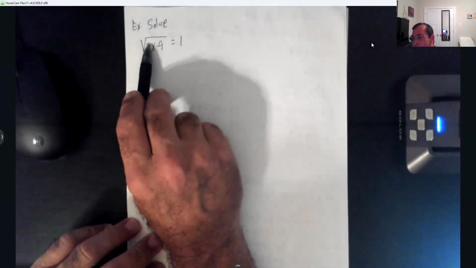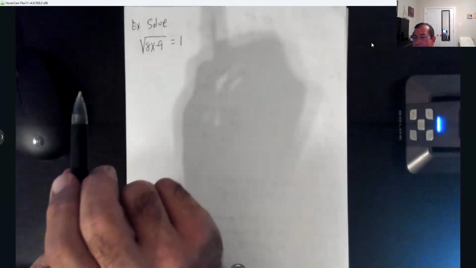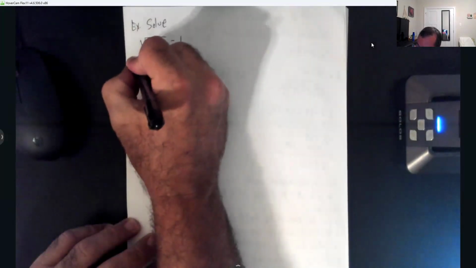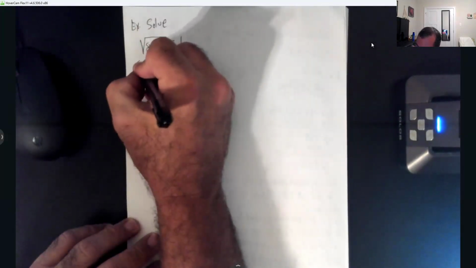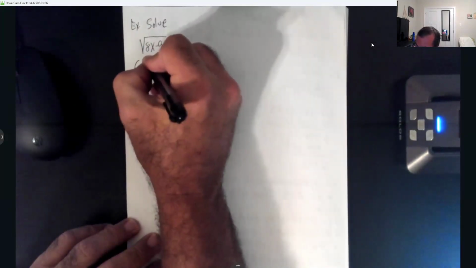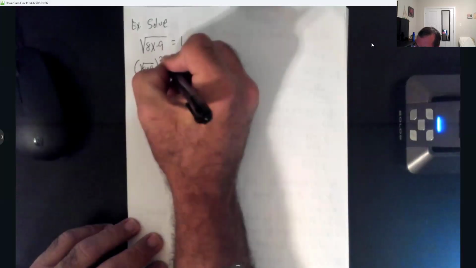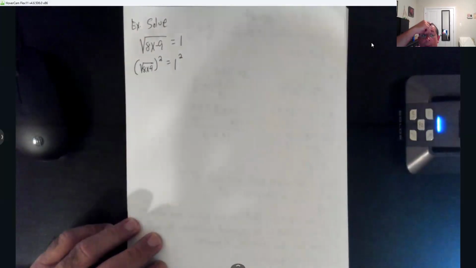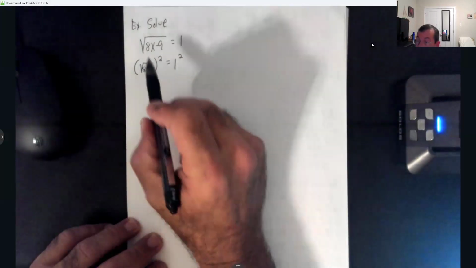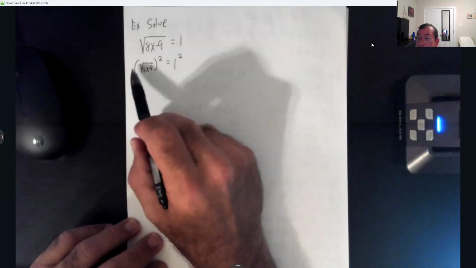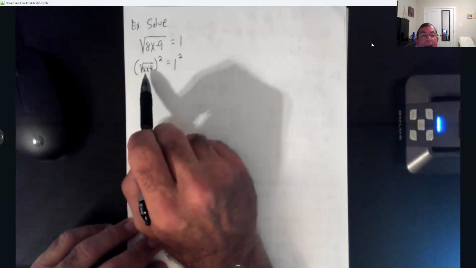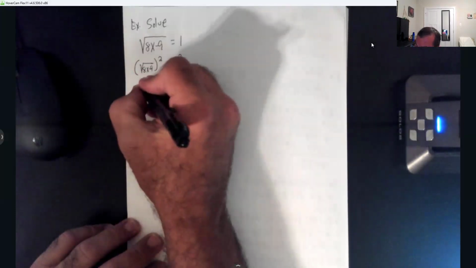So if I want to get rid of this radical, my first step is to raise both sides to the second power. So I would come in and square my 8x minus 9, which means I'm going to square that 1. Well, this left side, that radical cancels that exponent now. All that's left on the left side is our 8x minus 9.